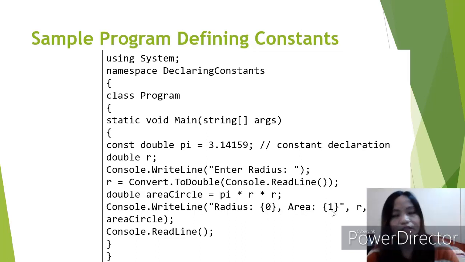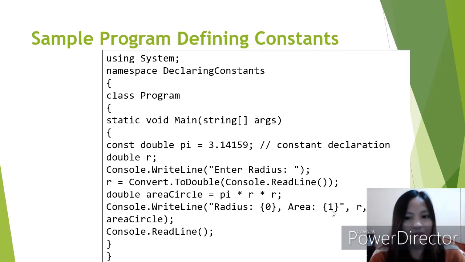If you have another variable or constant to be displayed, then you add 2, 3, 4, and so on. And the sequence should be correct, of course: r, because you want to display r first, and then the area of the circle, because that's the next that you want to display.